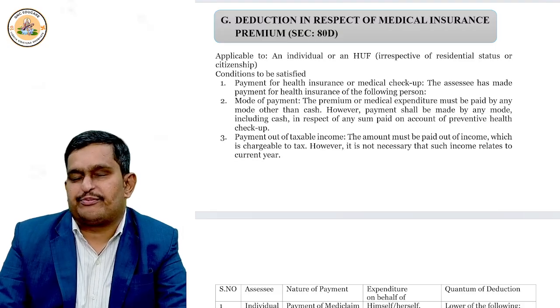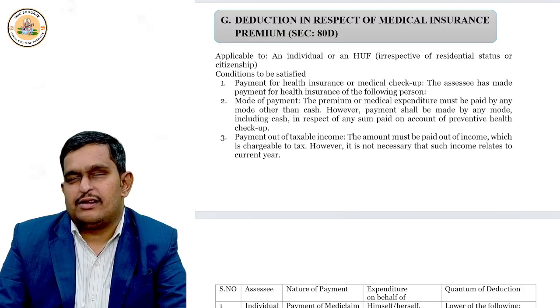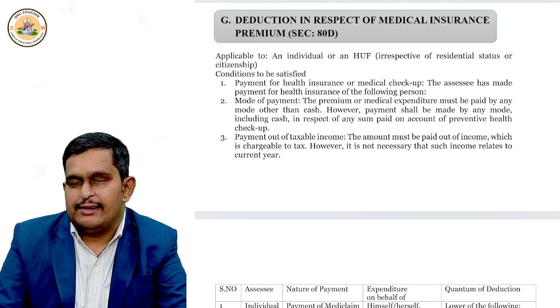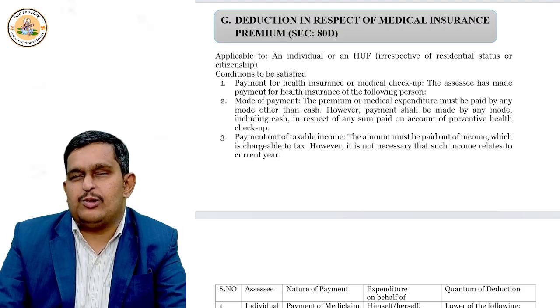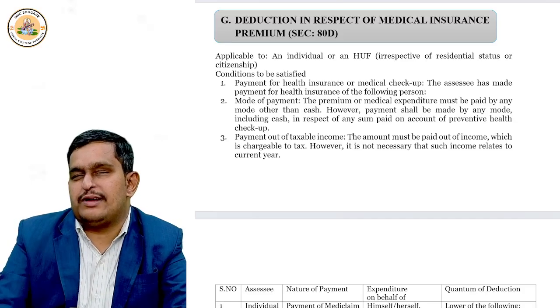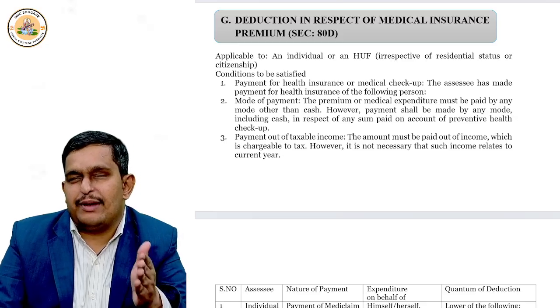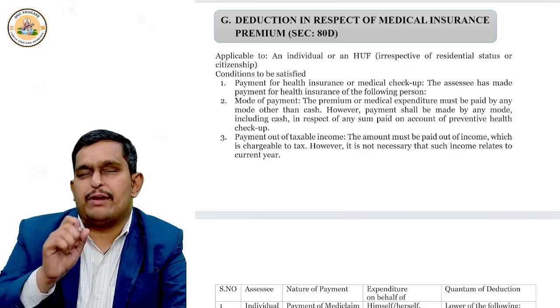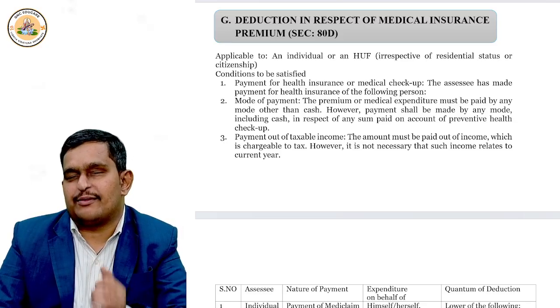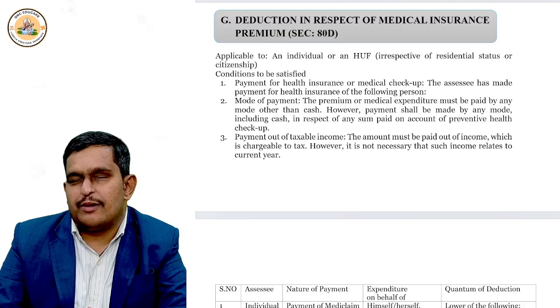Suppose I am a farmer and I have all exempt incomes, right? And I want to claim deduction under 80D. Is it possible? Your income is exempt and you want to claim deduction. Not possible. So only from taxable income, if you paid the premium, you claim the deduction. Right? So clear to all of you?